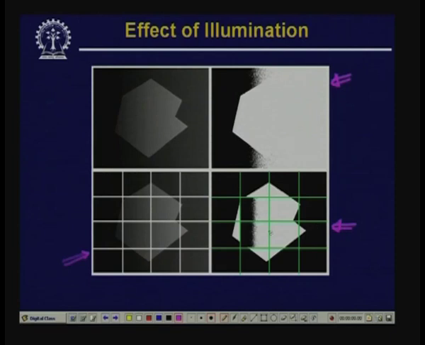Here you find that excepting these two, the rest of the sub images have been thresholded properly. So, at least your result is better than what you get with a global threshold operation.